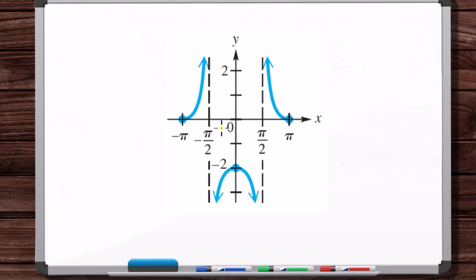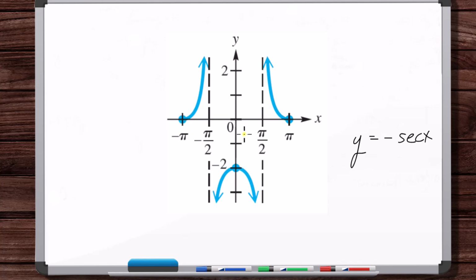Okay, so this looks to be a secant as far as the shifting is concerned. But with a secant, we should be seeing this in a standard way. It looks like it's been flipped about the x-axis. So we can start with minus secant x. Okay. Now, what about the period?